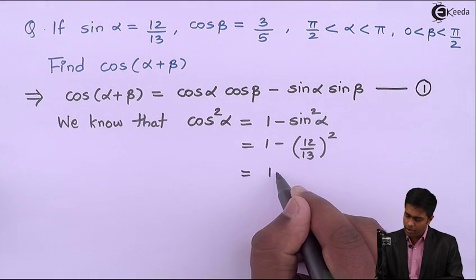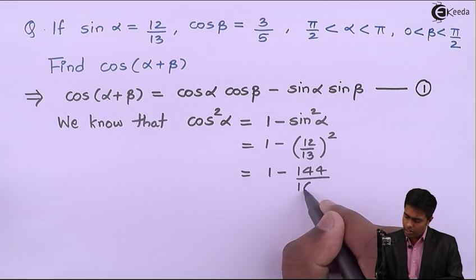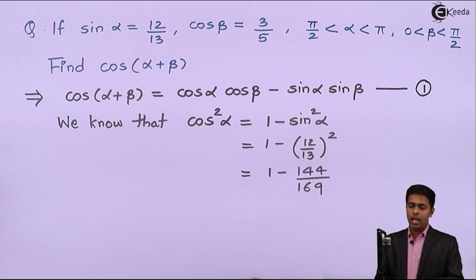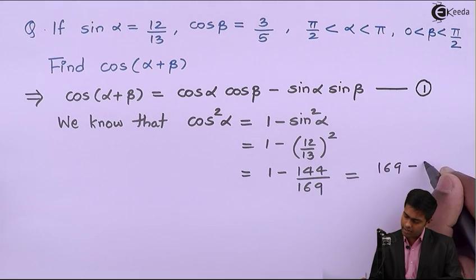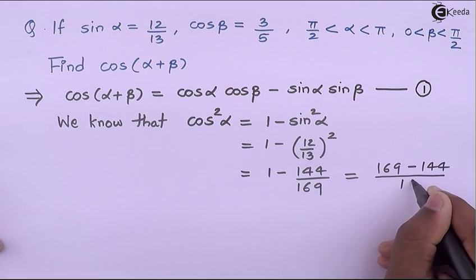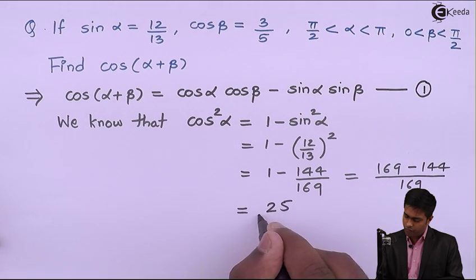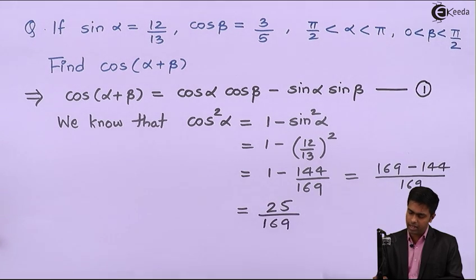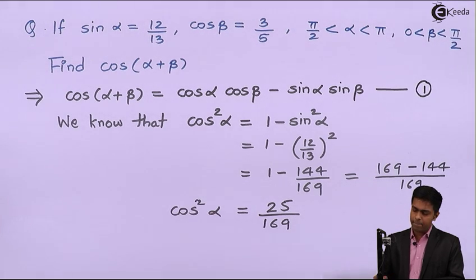So this will be 1 minus 144 by 169, and this will give us 169 minus 144 upon 169, and this is nothing but 25 upon 169 as the value of cos square alpha.